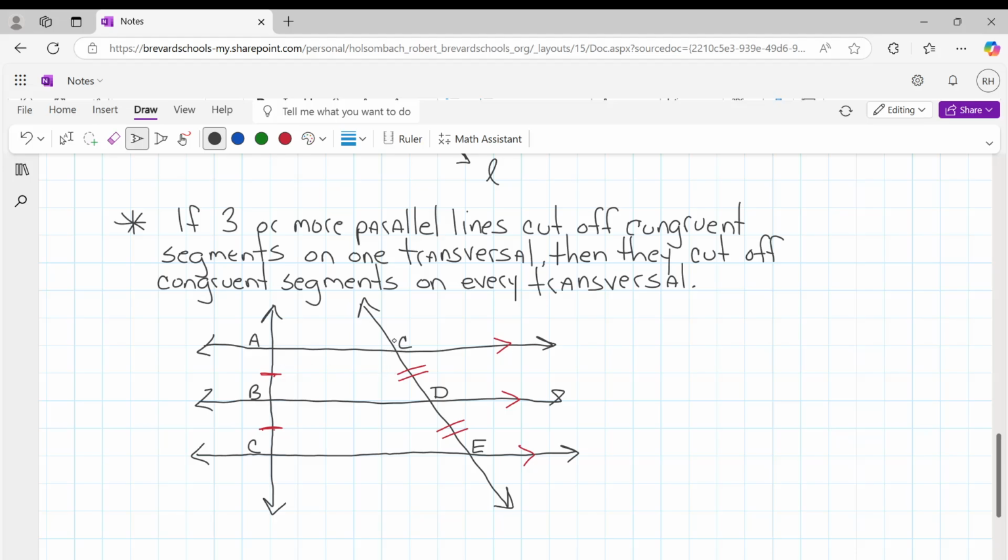AB is not going to be congruent to CD, but AB is congruent to BC and CD is congruent to DE. Any questions on that concept? Congruent parts of parallel lines.